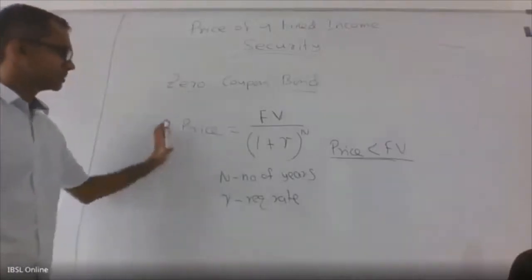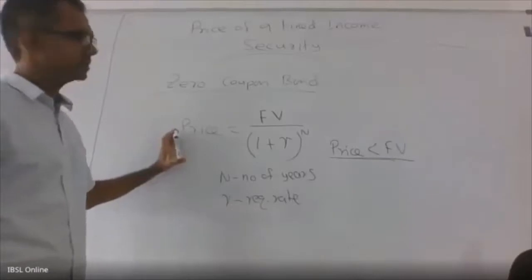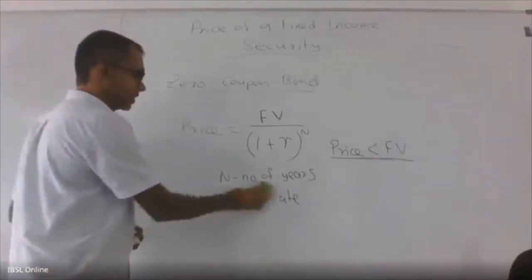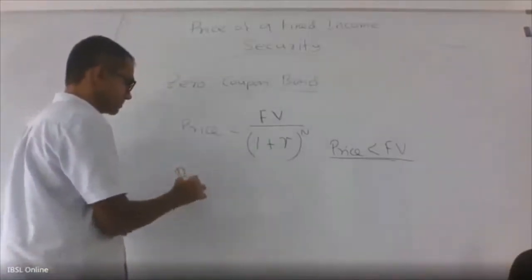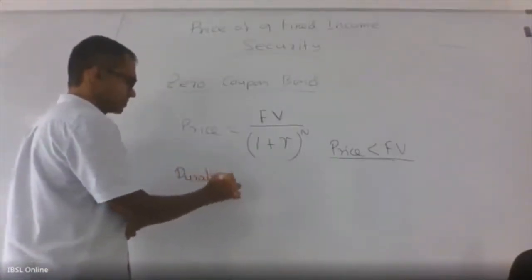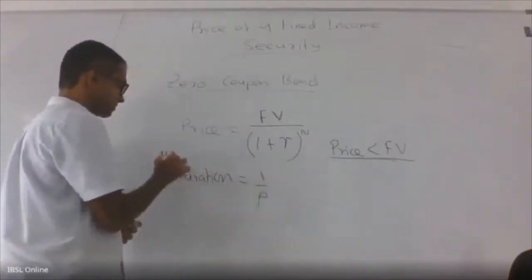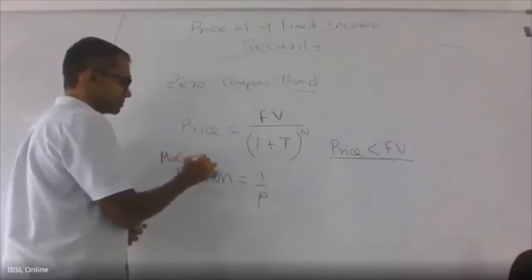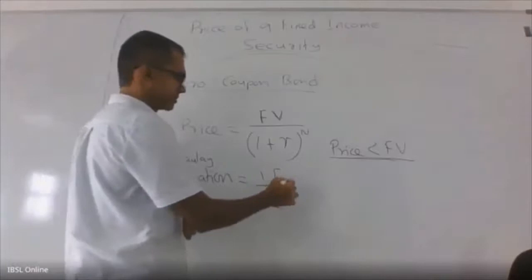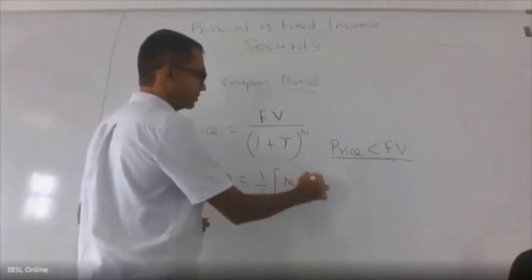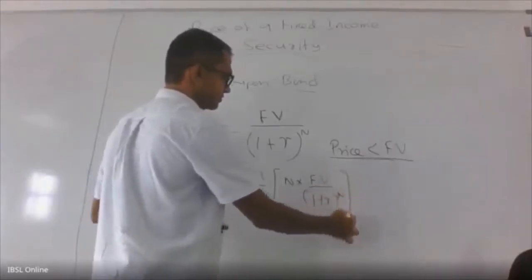So this is the zero coupon bond. This is the price. So if you calculate the duration, say Macaulay duration, 1 over P and timing into the present value of the cash flow.